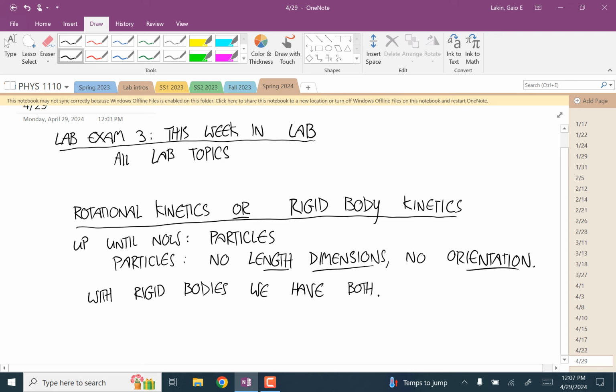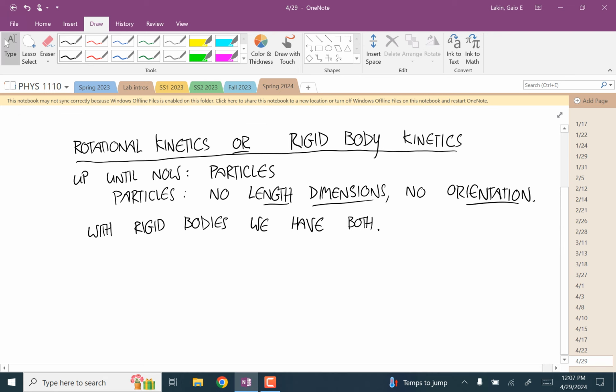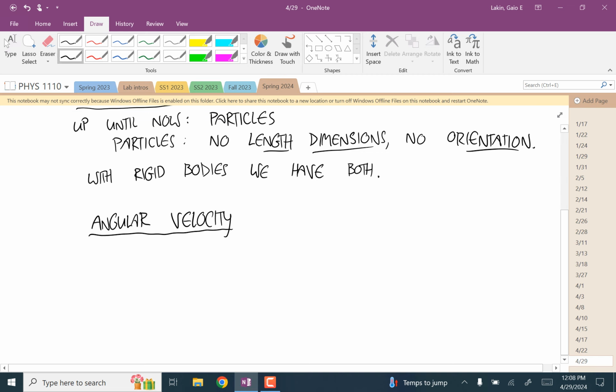The first thing I have to talk about is angular velocity and angular acceleration. So angular velocity. Angular velocity is a directional quantity, so it does give you directional information.